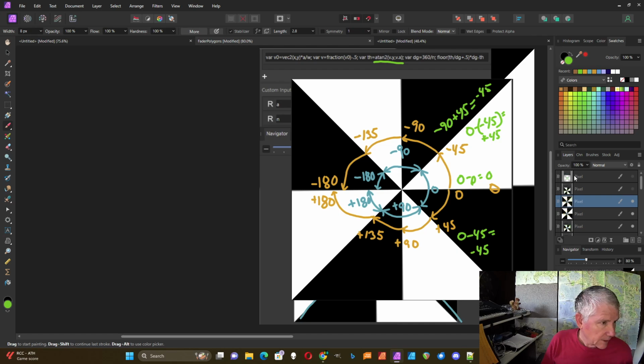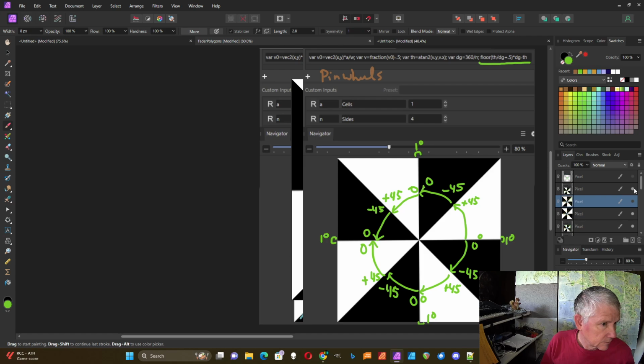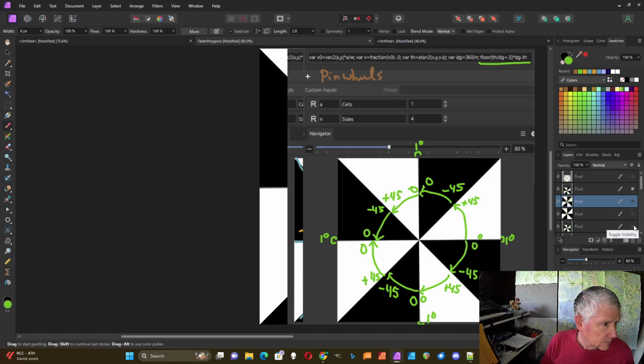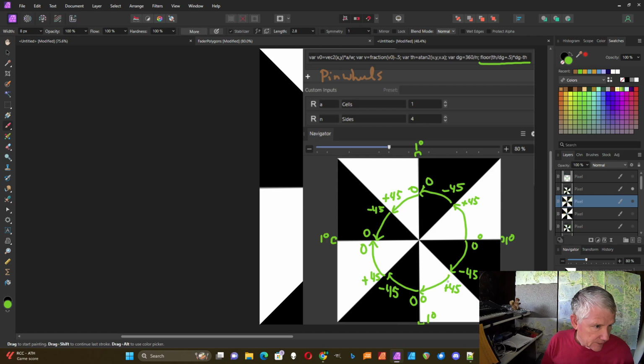So what we're going to end up with is, in this region, it's going to go from minus 45 to plus 45. Here it's going from minus 45 to plus 45. Here we're going from minus 45 to plus 45, and here we're going from minus 45 to plus 45. So repeating this range from minus 45 degrees to plus 45 degrees.